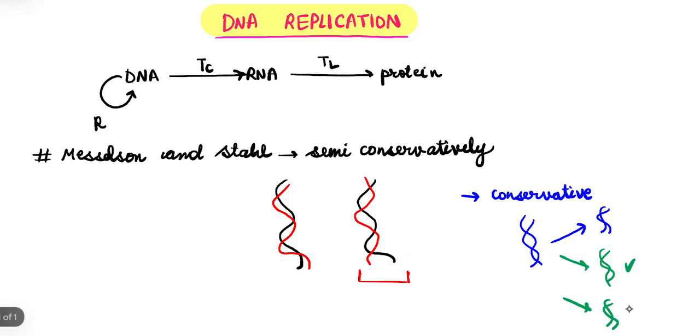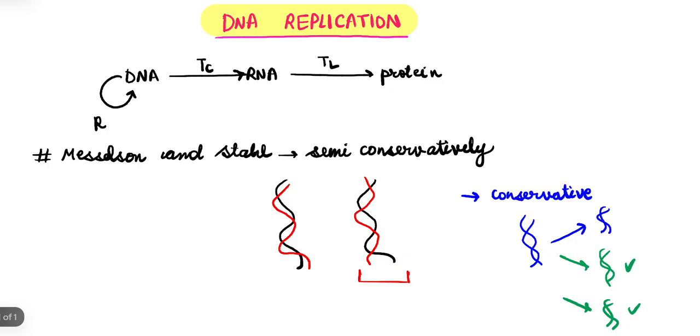Means in the new progenies the parental strand would not be available. The parental strand would remain intact, but both of the strands in the new progeny will be newly synthesized.